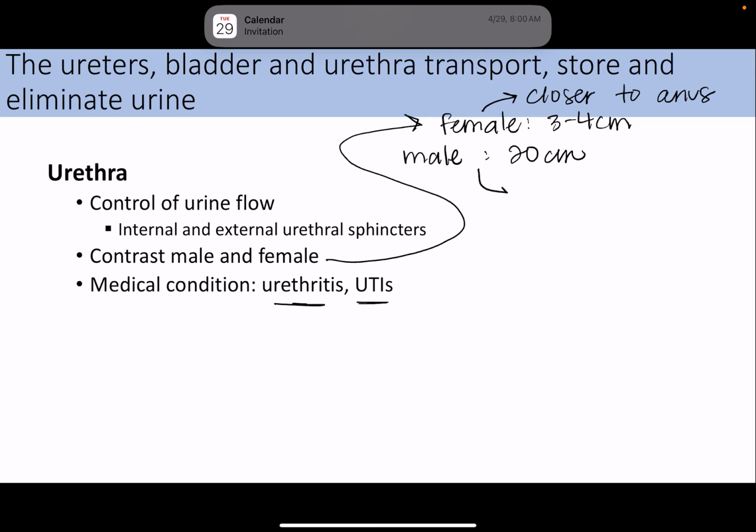Males are less prone because their urethra is external versus the females, which is internal. And one thing about the male urethra that you should know is it has dual functions. That urethra is both for urine and for sperm.